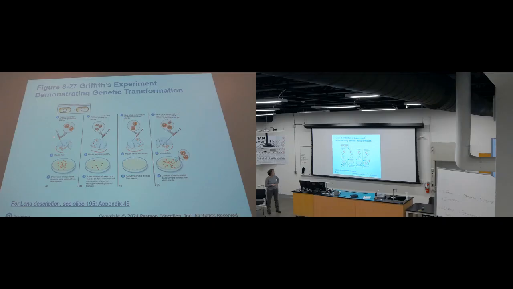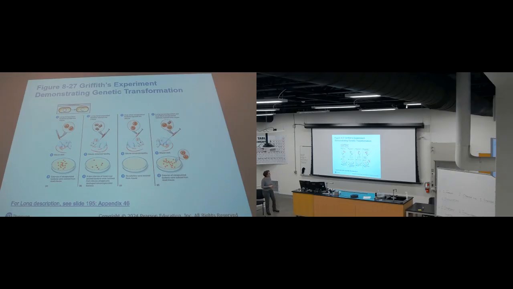So they injected this new bacteria into the mice, and then the mice died. And then they extracted part of the blood of the mice, and they grew the colonies. And they saw that the mice died because they had this encapsulated bacteria in the bloodstream. And then the bacteria looked like the original encapsulated bacteria.